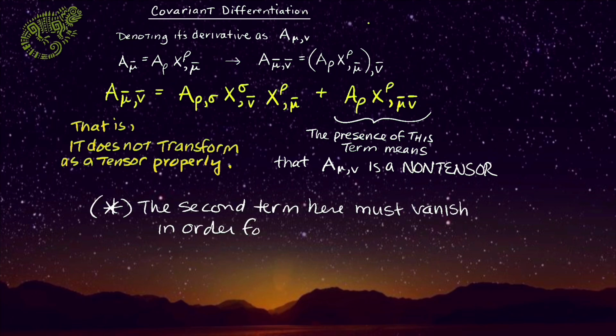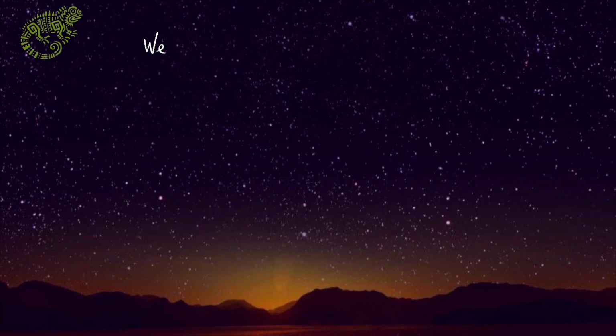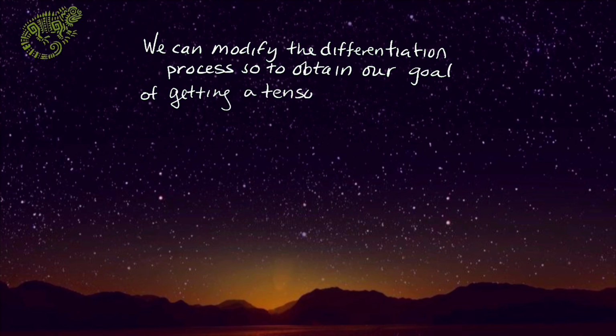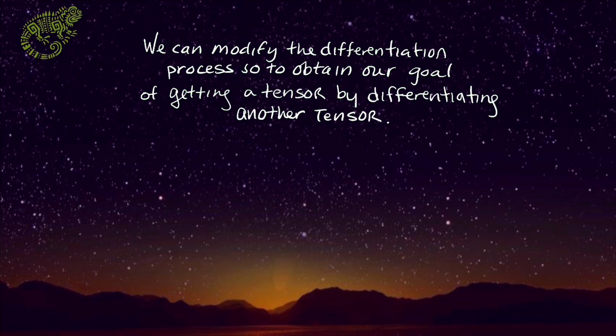Thus, the second term must vanish in order for this to give us a tensor from another tensor. So we can modify our differentiation process so as to obtain our goal of getting a tensor by differentiating another tensor.